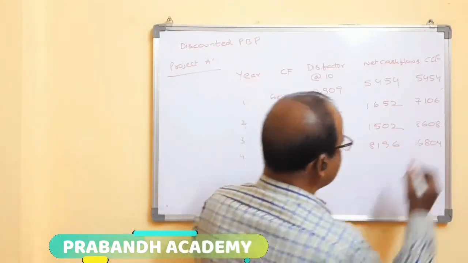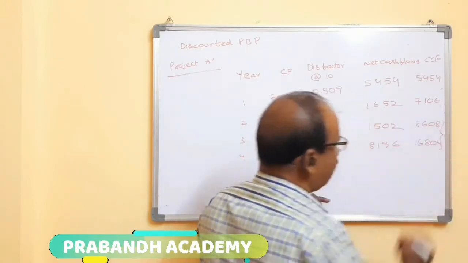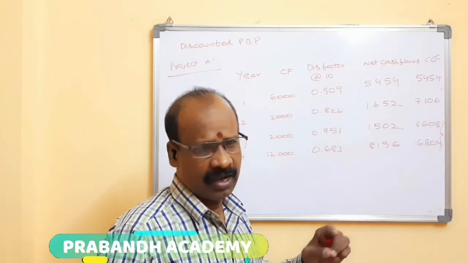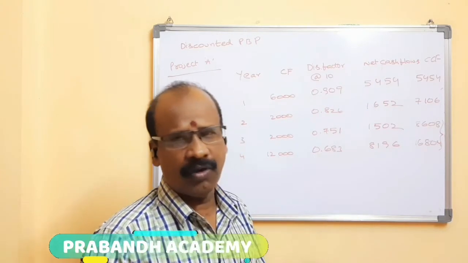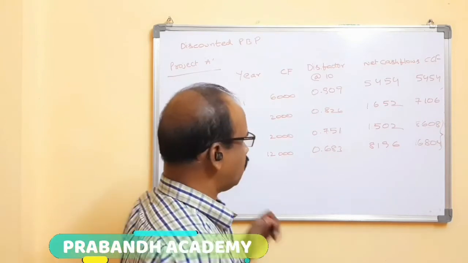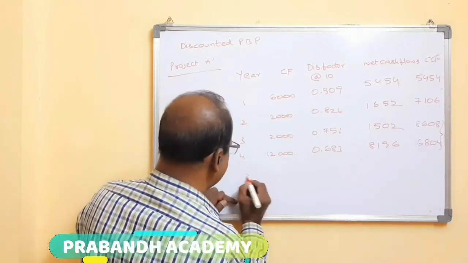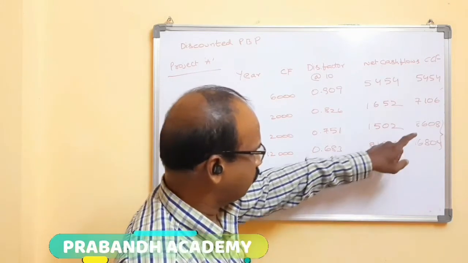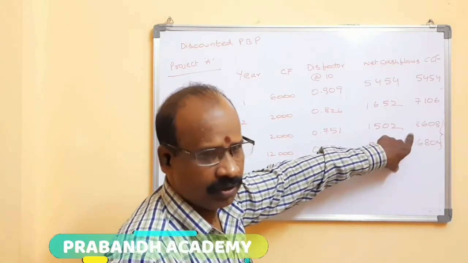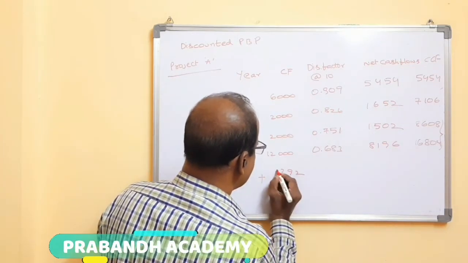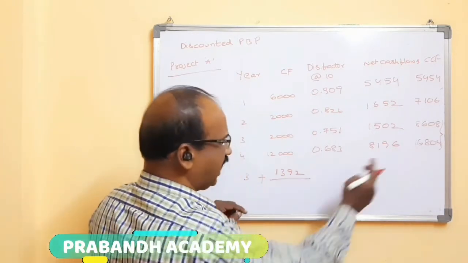So the payback period is situated between third and fourth years. But we want the exact payback period. You have idea how to calculate payback period. Year before fully recovered plus uncovered amount by current year cash flow. So year before fully recovered, third year, plus uncovered amount 10,000 minus 8,608 we get 1,392, by current year cash flow.